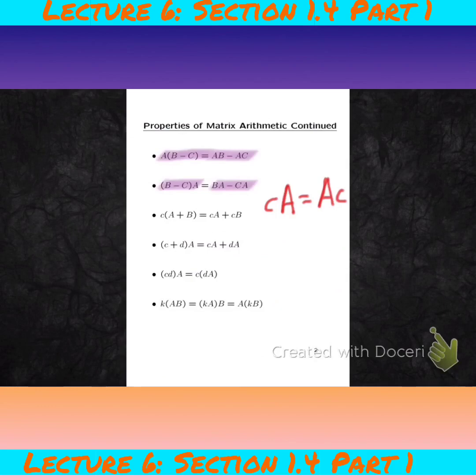You took the scalar and multiplied each entry of the matrix by it, and whether you multiply each entry on the left or on the right, it doesn't make a difference. It's still the same thing. So that you can switch around when it comes to scalars, but not when it comes to matrix multiplication.